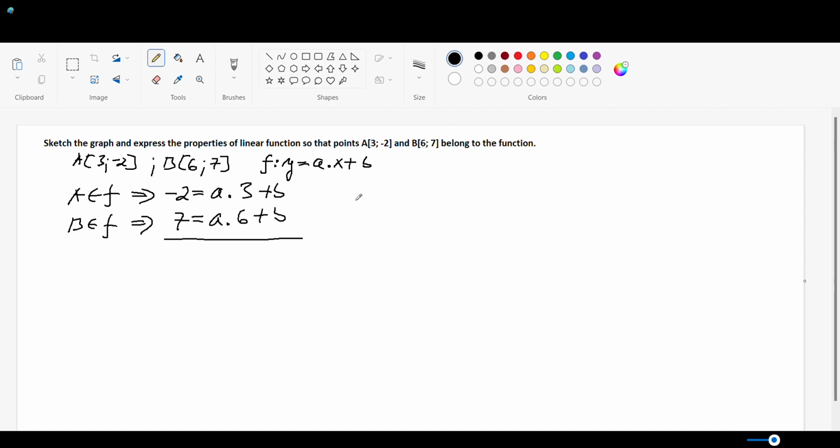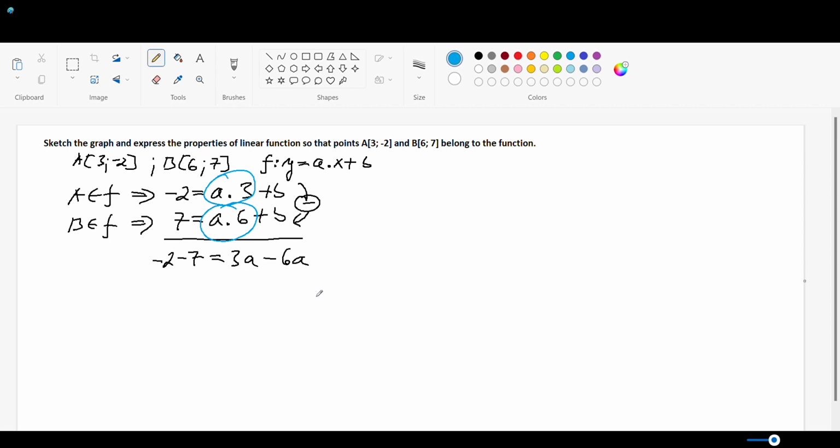So while I'm doing this video, I really want to show it again so that you know how we did it. We will do the first equation minus the second equation, which leads to the simple equation -2 minus 7, because we subtract the left sides of both equations. On the right, in the first equation we have 3a, take away 6a, the first term from the right side of the first equation and the first term from the right side of the second equation.